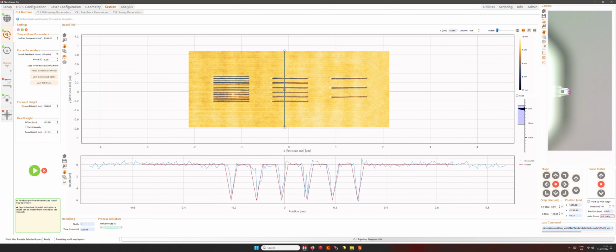So finding the parameters that are necessary to pattern in high resolution with a thermal bending effect is quite challenging, so it requires some optimization. I can show you some parameters that I'm using at the moment that can be maybe a good starting value for you. But as you may have seen also in other videos, there is not just one set of working parameters.